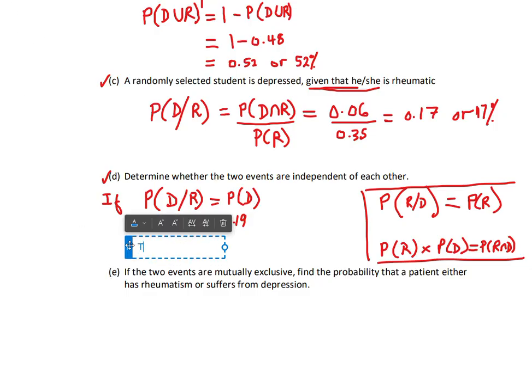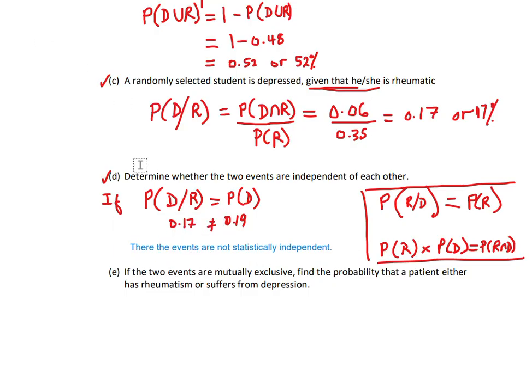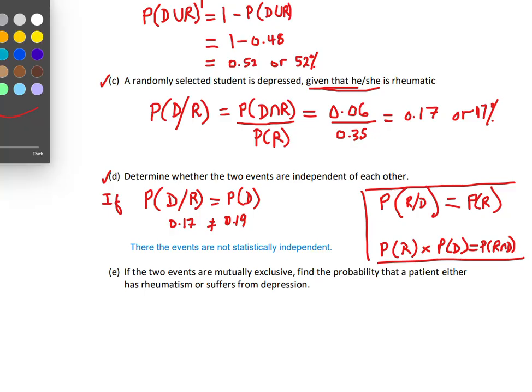Therefore, the events are not statistically independent, which is really another way of saying that they are dependent on each other. The two conditions that the patients are suffering from have some dependency relationship statistically. That's what this result would be suggesting.